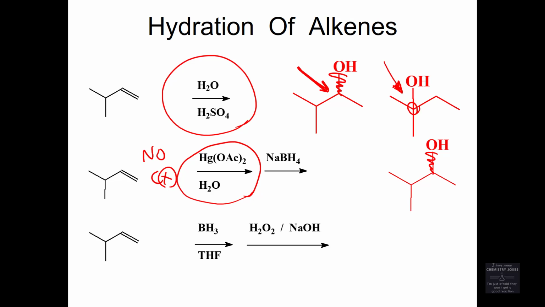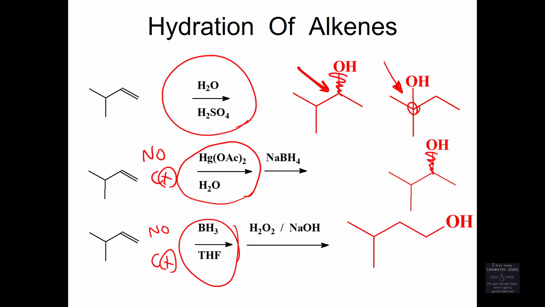And how is water and acid different from mercury, different from boron stuff? Boron stuff, followed by hydroxide and peroxide, gives me anti-Markovnikov addition. Also, no carbocation because it goes through an organoborane. It gives you a syn addition product. That's my actual product. That's not an asymmetric carbon.